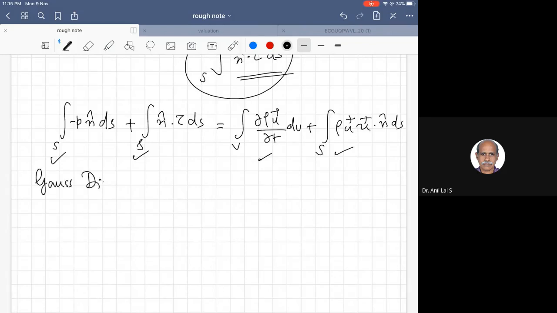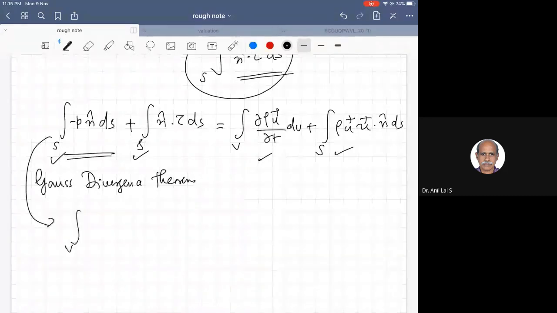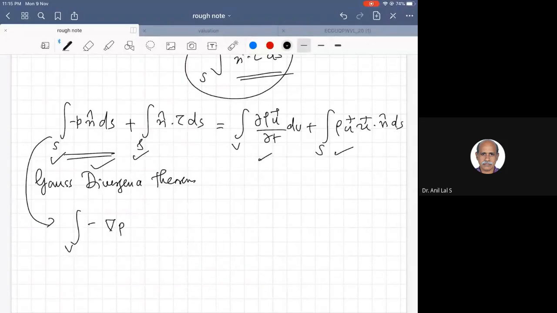So the integral over the surface of minus p n dS becomes, by Gauss divergence theorem, the integral over the volume of minus del p dV.